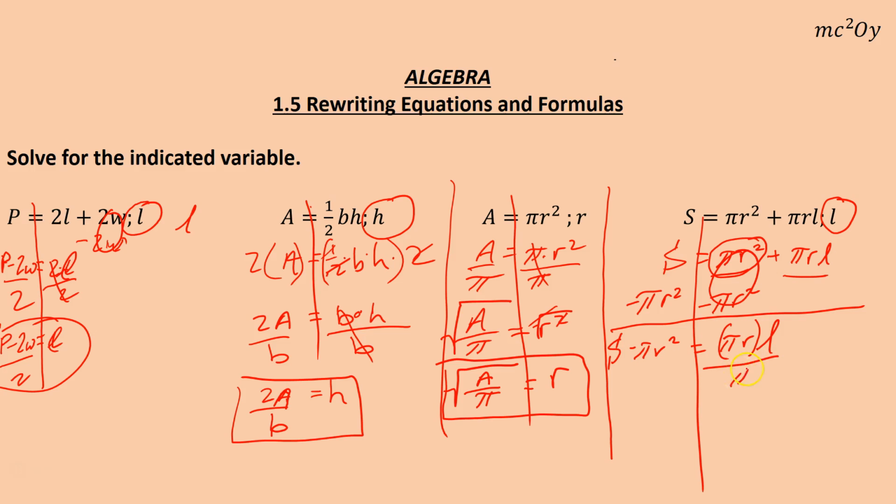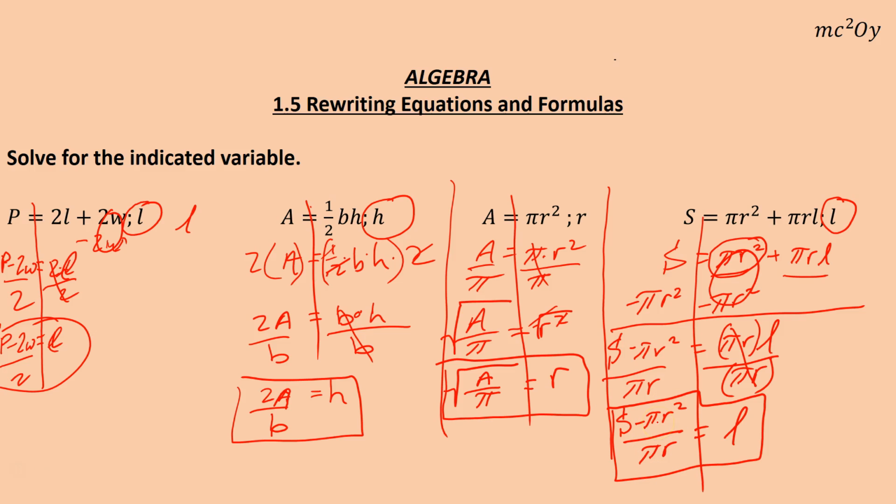So I'm just going to divide by pi r, the piece I want to get rid of. I can divide by two things at once since they're both being multiplied. And that leaves me with S minus pi r squared over pi r equals L. And we're going to leave it like that. That way we're not canceling out some r squareds and giving it a much more complex look.